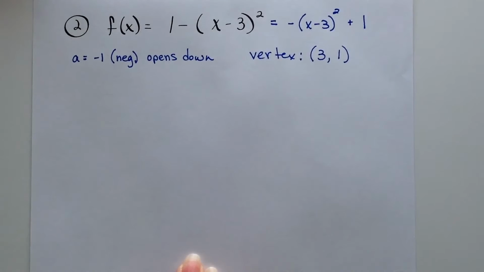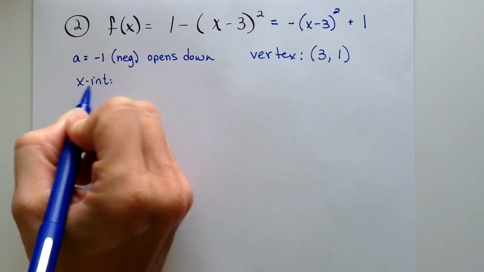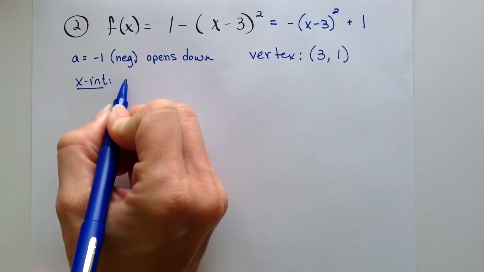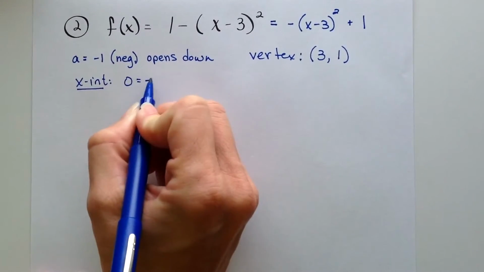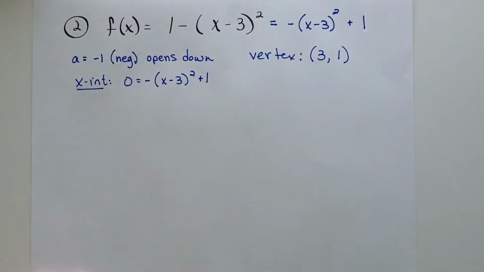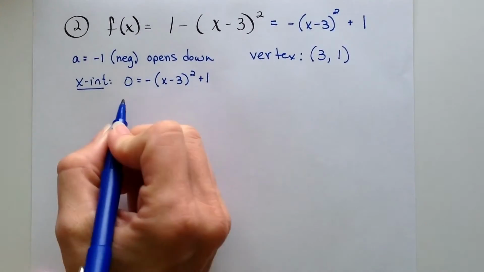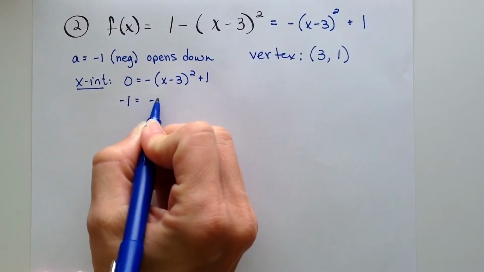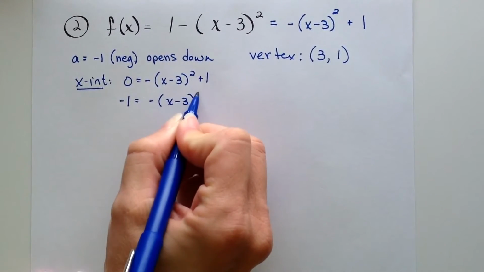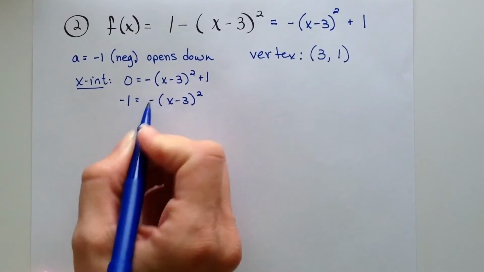Okay, from there, let's do the x-intercept. Okay, so we set our function equal to 0. All right, so going about solving this, the first thing that I want to do is subtract my 1. But then I have to divide by -1 because I have this negative in front.